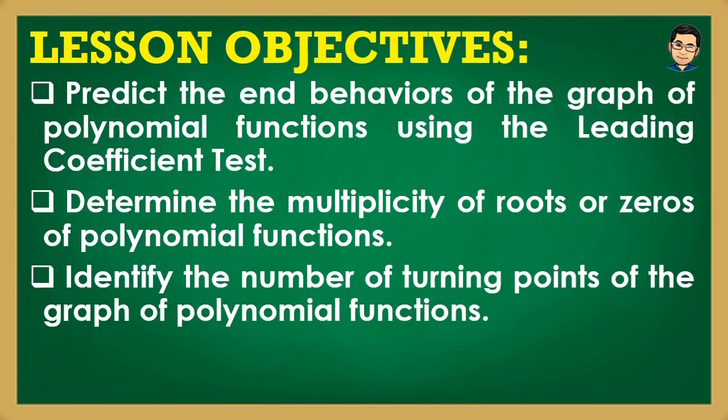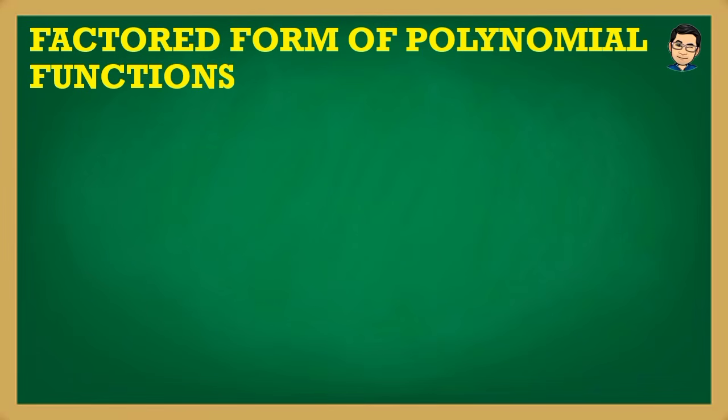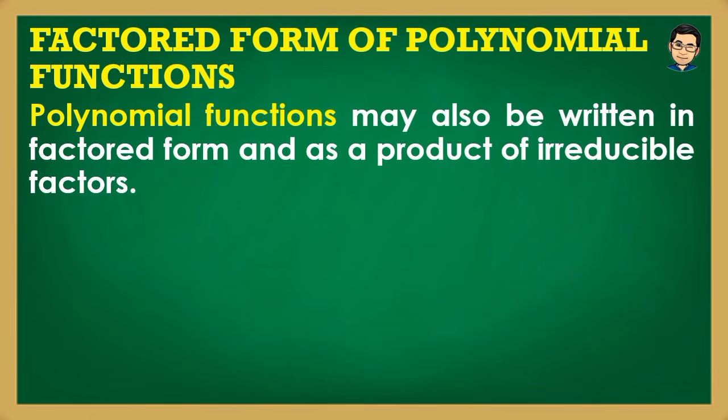So, yung turning points na yan, kung ilang beses umiikot yung curve ng ating polynomial functions. So, mamaya po i-discuss ko po kung anong formula dyan, kung paano kunin yung turning points ng graphs ng polynomial functions.